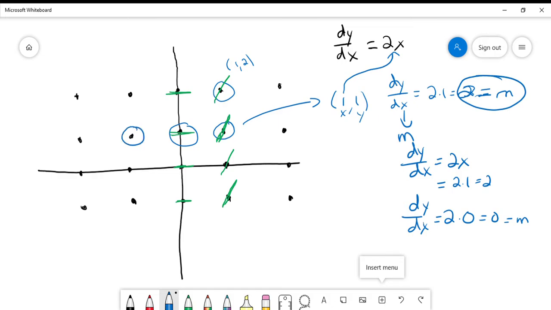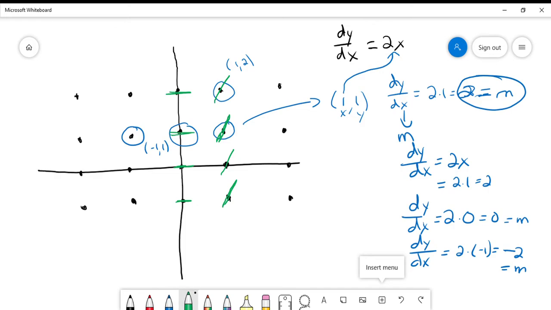Okay? Let's go over to one of these negative x values, like this one. The x coordinate here is negative 1. The y coordinate, which doesn't matter on this particular differential equation, is positive 1. Let's plug in a negative 1 now. dy dx equals 2 times negative 1. That's negative 2. And that's my slope over here.